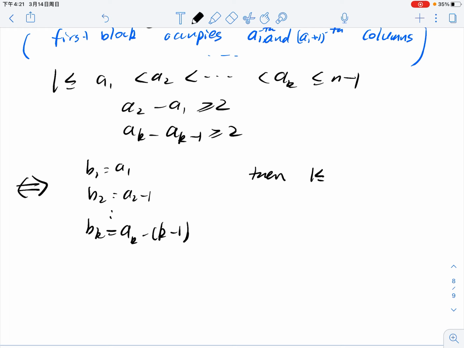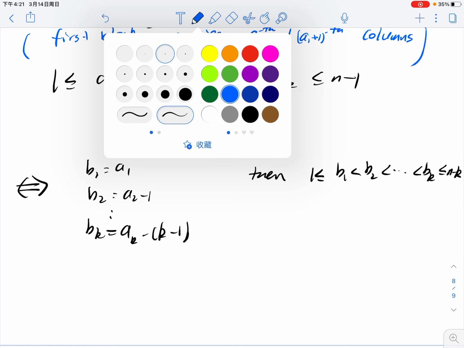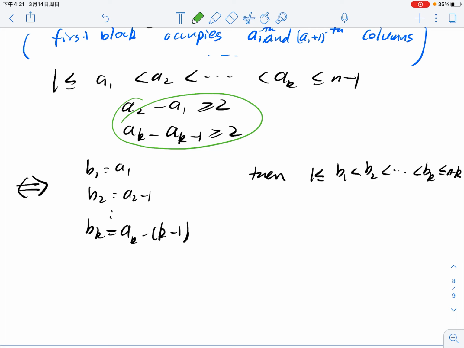So then you still have the increasing property, strictly increasing, but you don't have this assumption anymore by our change of variables.